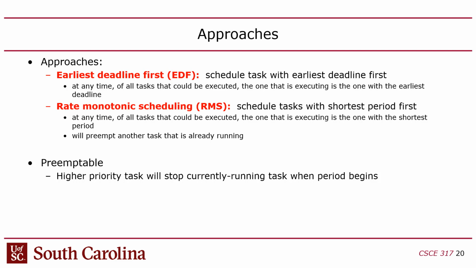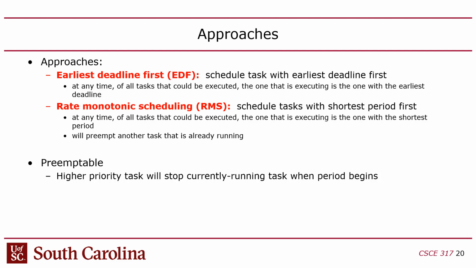The earliest deadline is constantly changing as time marches forward, because whenever a new task starts a new period, the earliest deadline can change. So if you have a bunch of tasks, the earliest deadline has to be constantly recalculated.